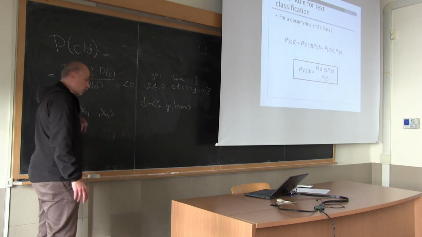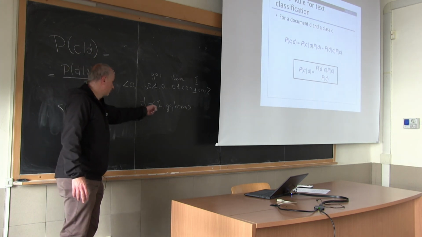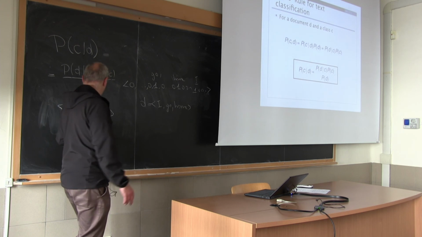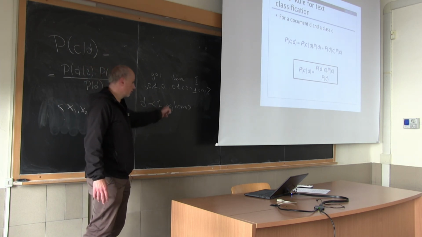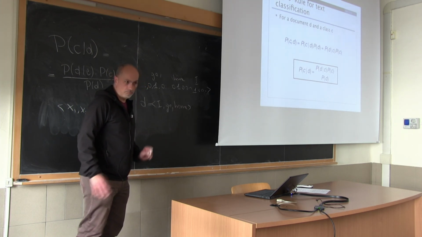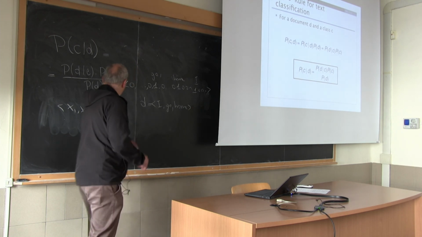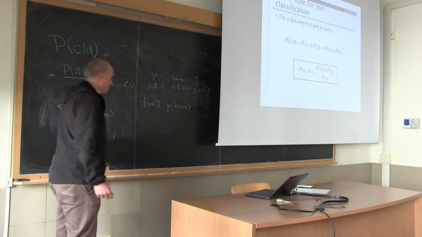Okay? These positions, for example, in this case, the document will have x1, x2, x3. x1 will be equal to I, x2 will be equal to go, and x3 will be equal to home. Okay? Just to be clear. Is this helping us? Let's see.